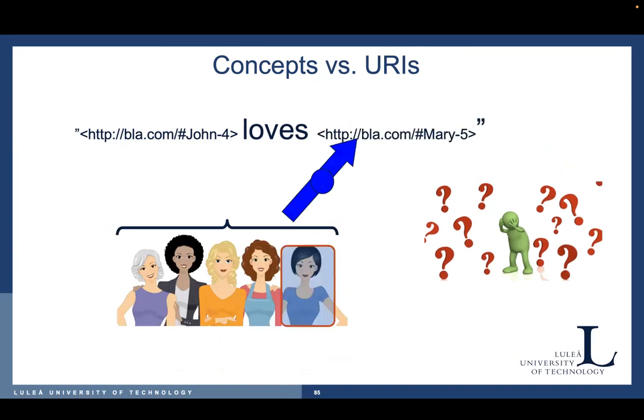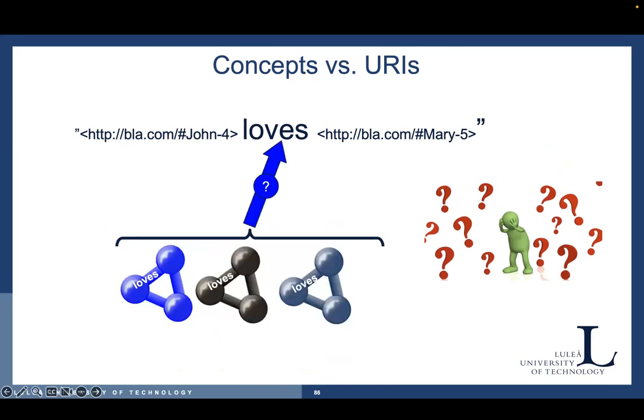A specific individual is referred to via the resource identifier. And finally, we need to provide a reference to the semantic definition of love. This semantic definition can exist in different ontologies.